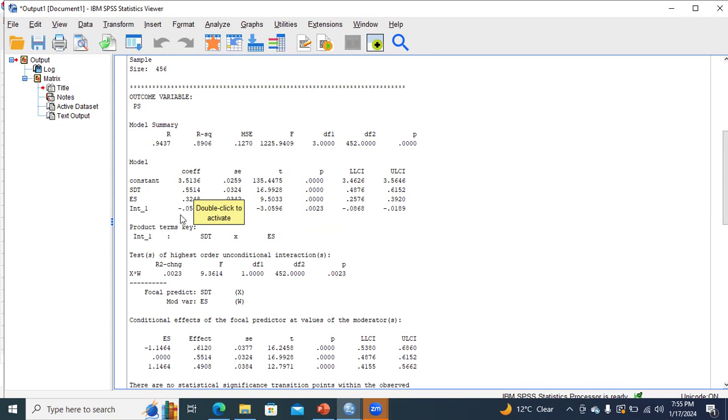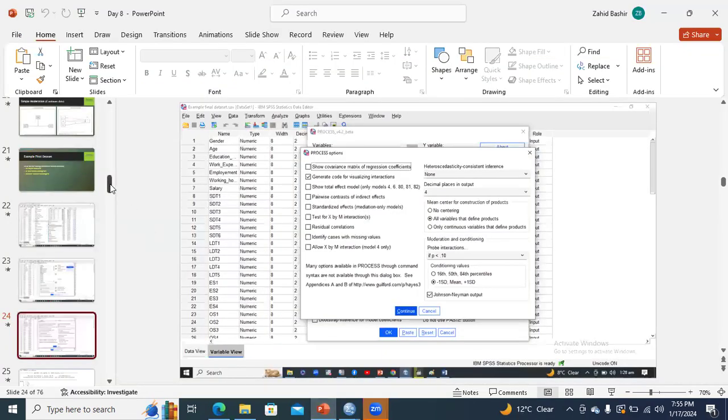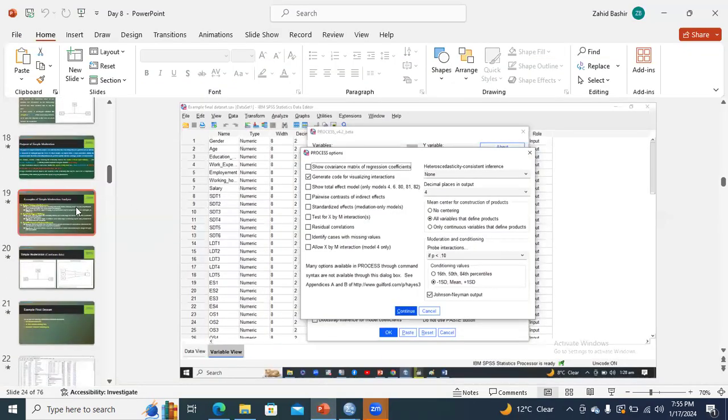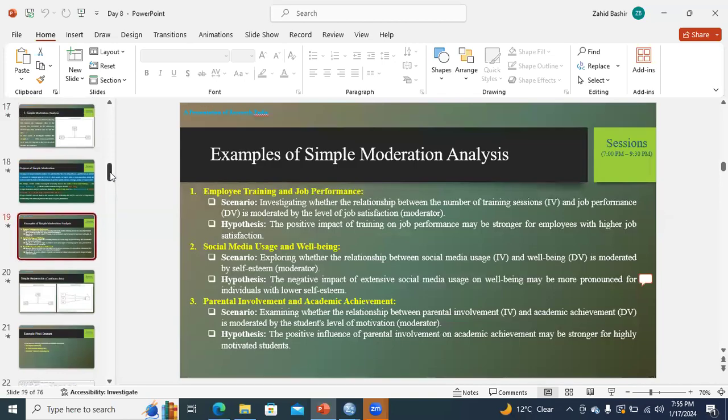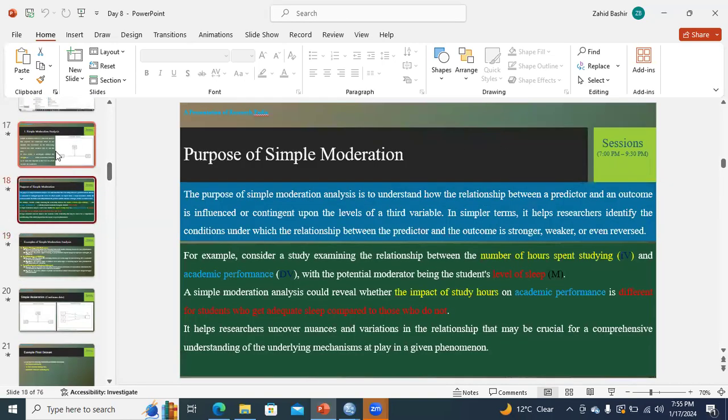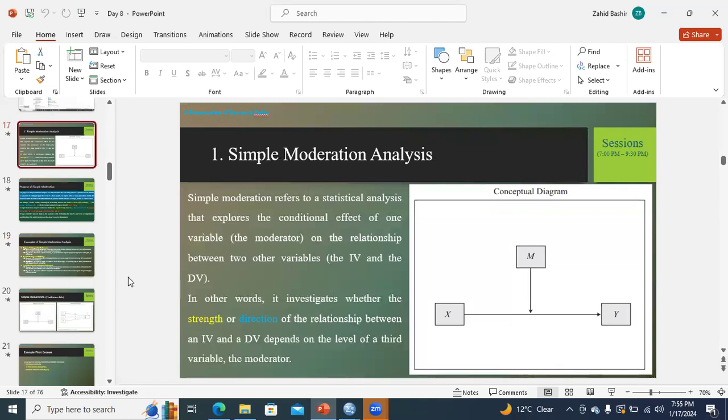If the interaction term or your moderating term is shown with a negative sign, it means that the impact of the independent variable on the dependent variable is decreasing. It decreases the impact. So I have told you, when we are discussing the moderating impact, we need to know that the impact may increase, or it may decrease, or it may change the direction.